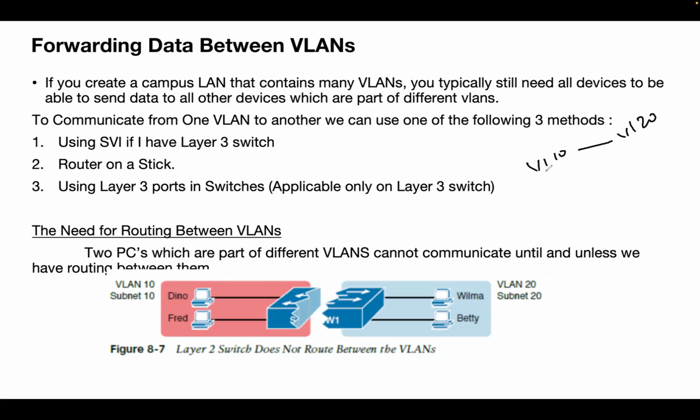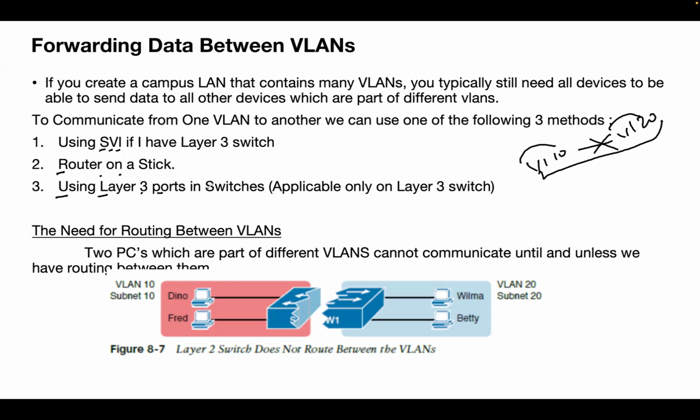But normally, direct communication between two different VLANs is not possible. To communicate from one VLAN to another VLAN, we have to use one of these three methods. We have to use either an SVI, Switched Virtual Interface, or the router on a stick concept, or else you can use layer 3 ports in a switch.